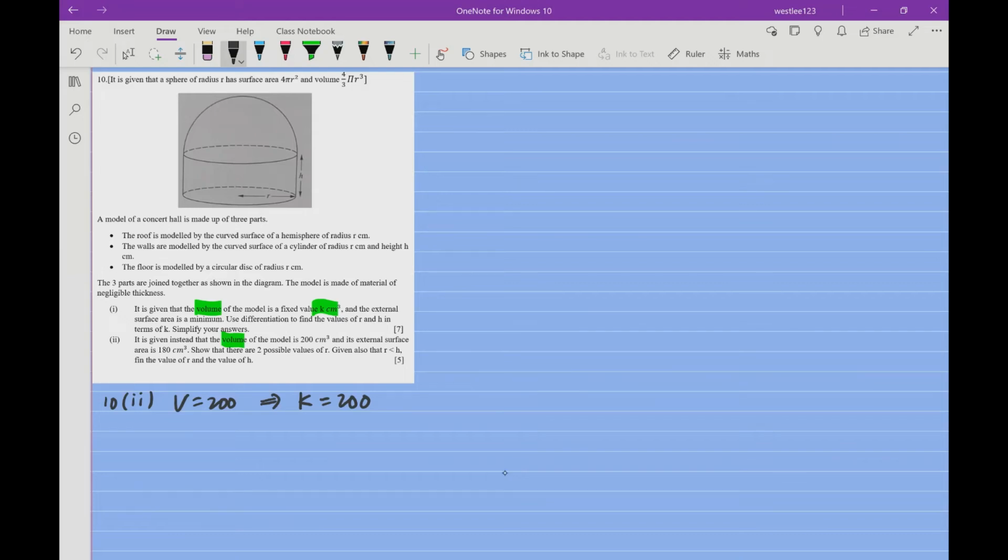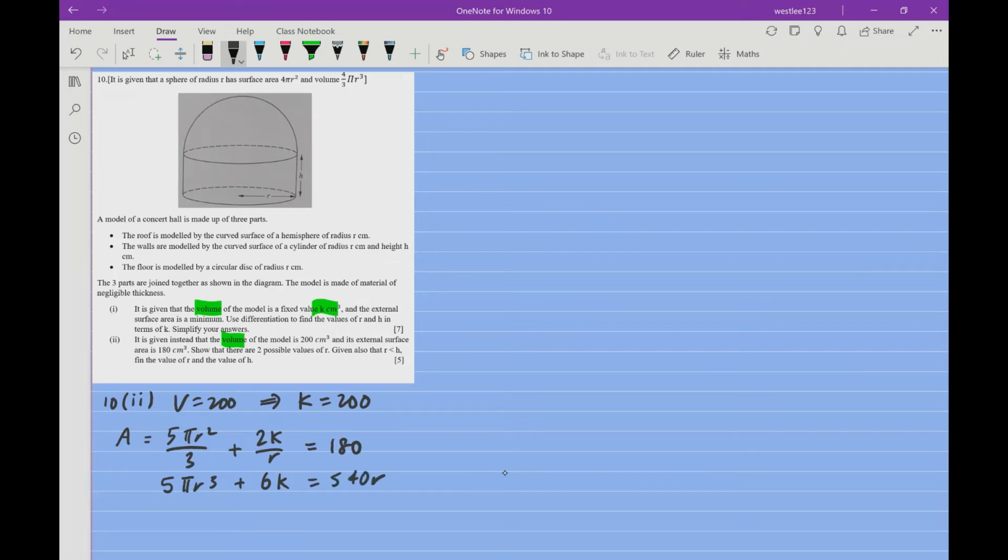So surface area, we know that it is 5 pi r squared over 3 plus 2k over r, and they tell us this is equal to 180. So what we do is we multiply 3r to every term so that we make this a one-liner. 6k equals 540r.